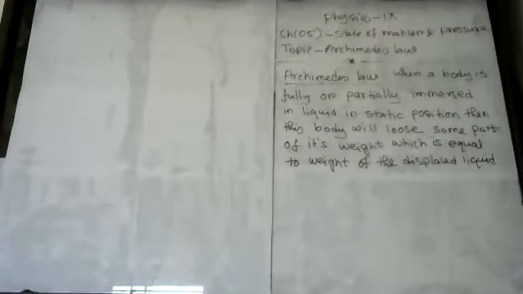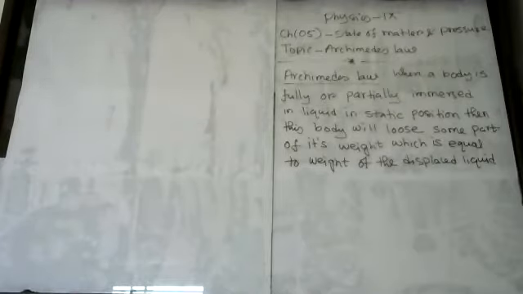So what does it mean? At first, I'm going to find out the weight loss of the body manually from Archimedes law. Suppose, my dear students, how can I find out weight loss of the body manually? Suppose the body is inside the air. Then this body can feel a weight, and that weight is called weight of the body in the air.